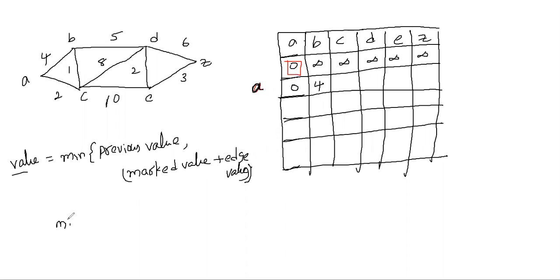Minimum of infinity comma marked value 0 plus edge value 2. So minimum of infinity comma 2 is 2. That 2 you have to write here.